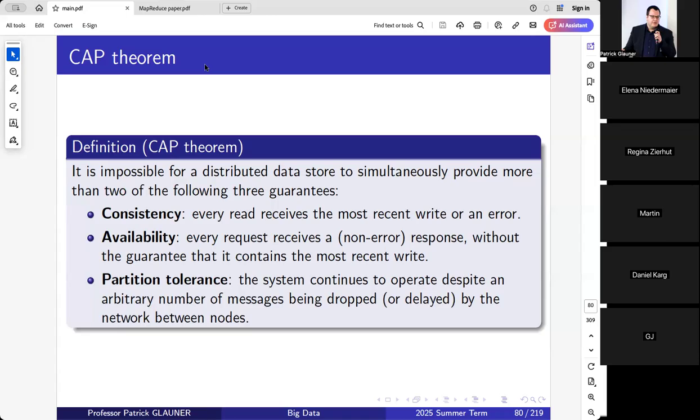Exactly. We don't want people to make the same payment many times and spend more than they actually can spend in the account. So such a bank would definitely pick consistency, and then you can pick one of the other two.